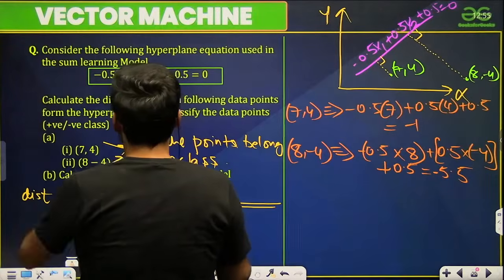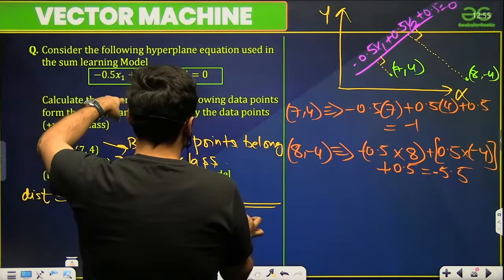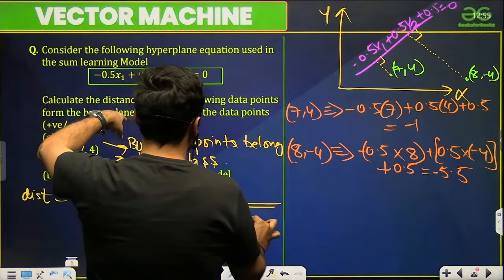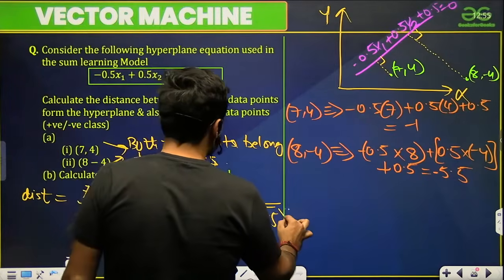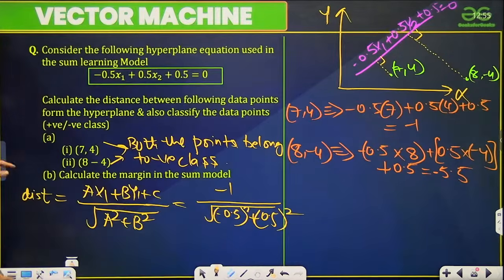And what is a? Negative of 0.5 whole square plus 0.5 whole square. So this is the distance of point 7 comma 4.